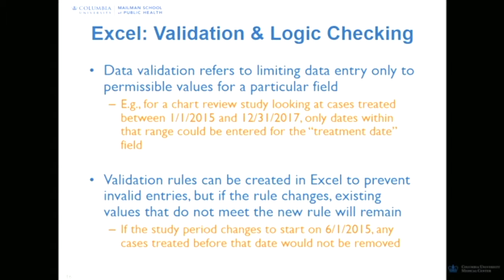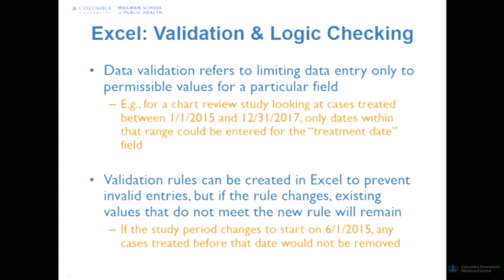So you want to, in a good tool, set your fields up when it's appropriate to block values that don't make sense. So for example, if you're doing a study that involves chart reviews and you only want the study period to be January 1st of 2015 to the end of 2017, when you enter a treatment date, if it falls outside of that range, it wouldn't be entered.